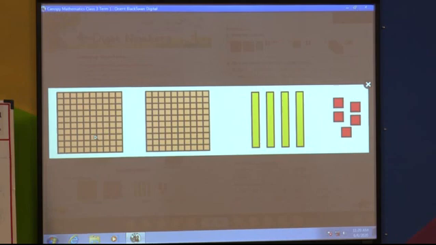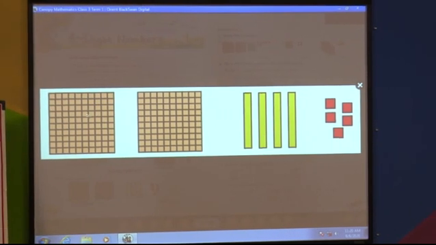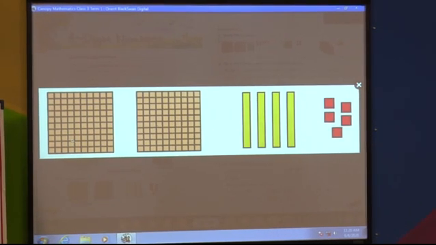Now see this. Fill in the blanks. Can you see these sheets? How many sheets are there? Here 2 sheets are there, 2 sheets of hundreds. Now let us count how many strips are there. 1, 2, 3, 4. Here 4 strips are there. Strips represent tens.